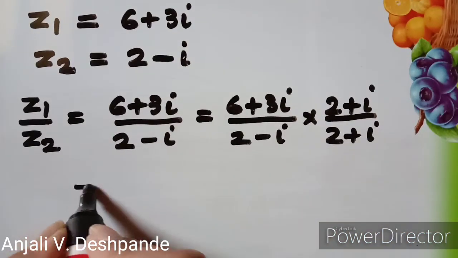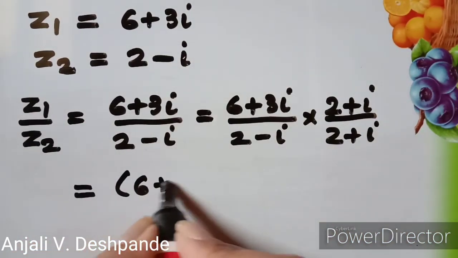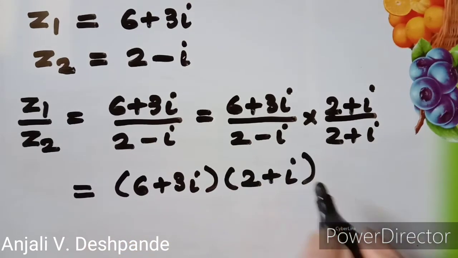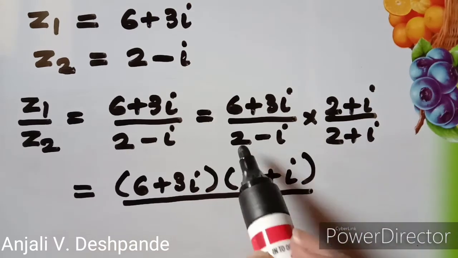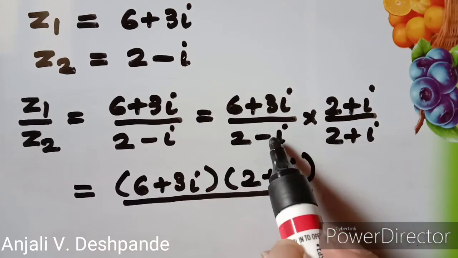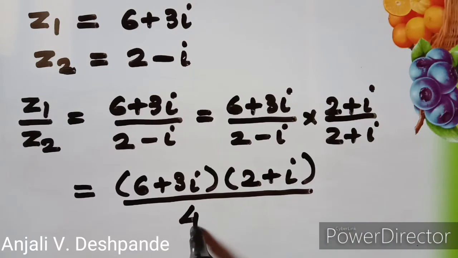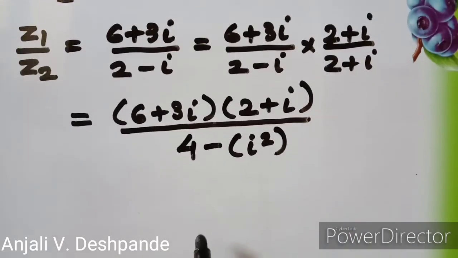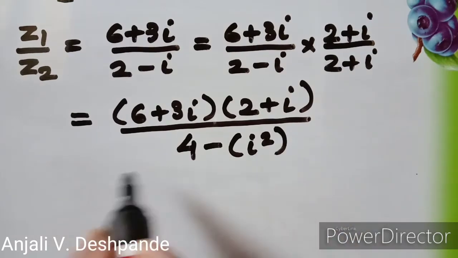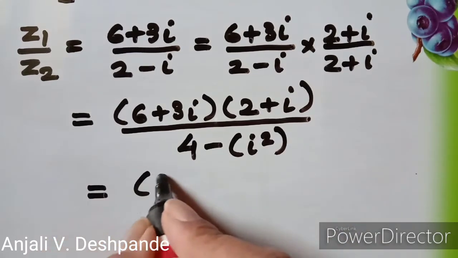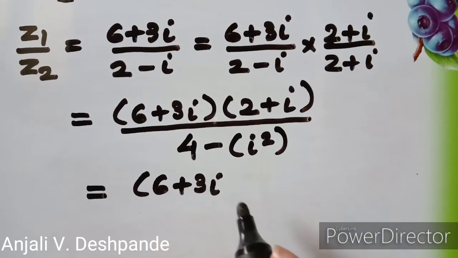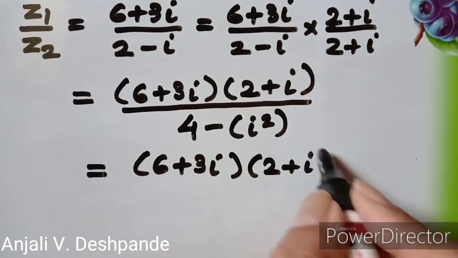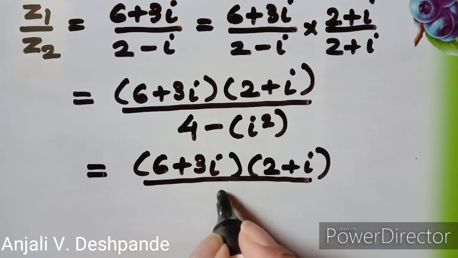So this will be equal to 6 plus 3i into 2 plus i divided by, now 2 into 2 is 4 and minus i into i, so it will give you 4 minus i square, and the value of i square is nothing but minus 1. So this will give us 6 plus 3i into 2 plus i divided by 5.